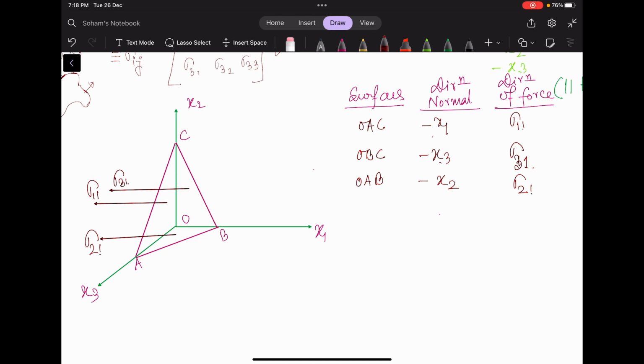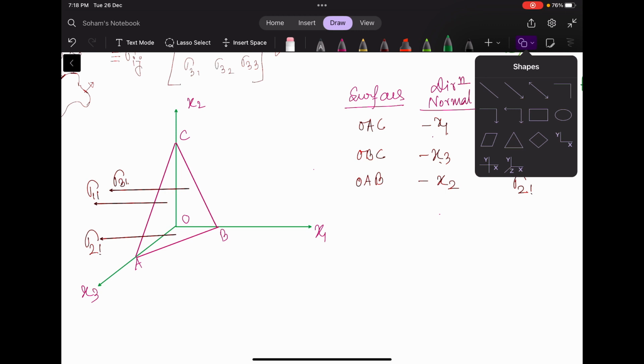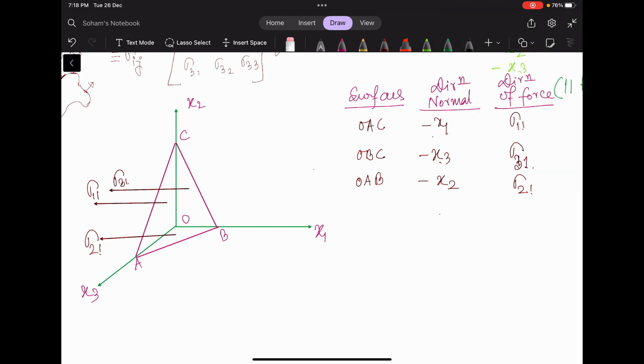Now ABC will have a general traction force. A traction vector may be directed towards this direction. We don't know whether it is along i cap or j cap, but I am writing only the components of forces parallel to the x1 axis. So I will draw a force that is parallel to the x1 axis.